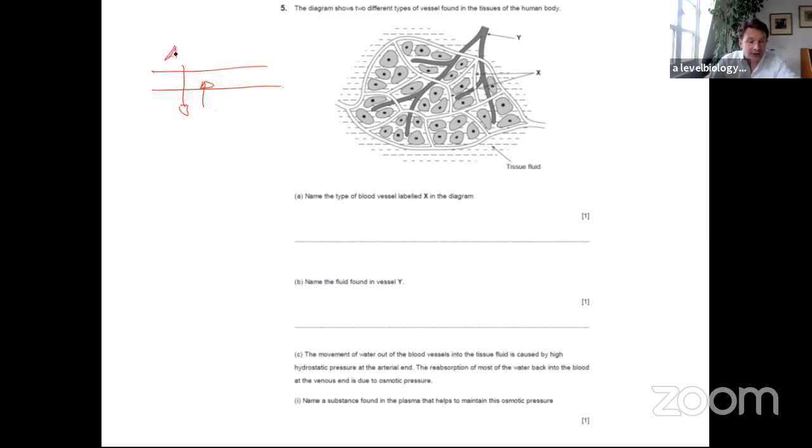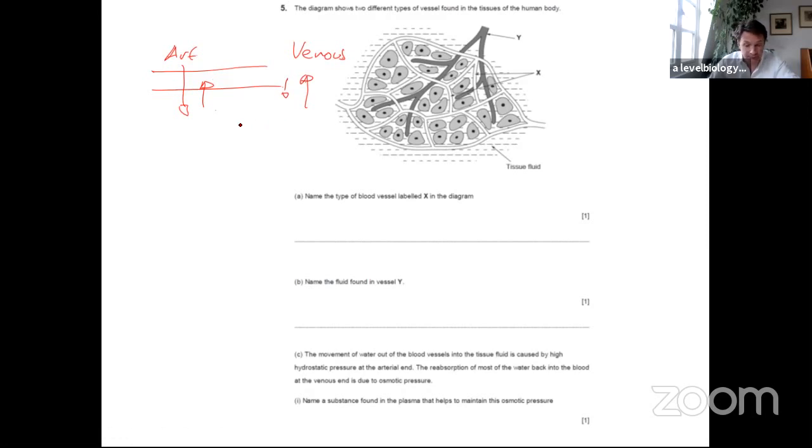Now, at the arterial end, the hydrostatic pressure is greater than the oncotic pressure, but by the time it gets to the venous end of the capillary, the hydrostatic pressure has fallen and the oncotic pressure is greater. So tissue fluid moves out at the arterial end and in at the venous end.